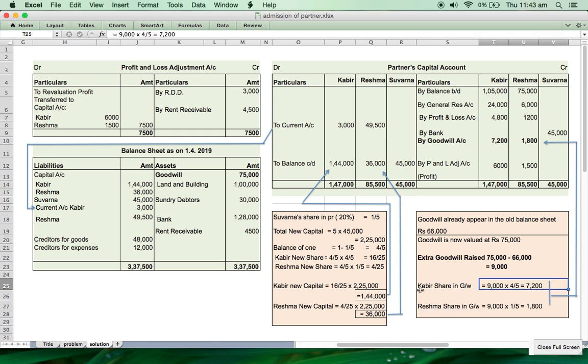So 9,000 rupees into 4/5, which is 7,200 for Kabir, and Reshma's share in goodwill will be 9,000 into 1/5, which is 1,800. So we have written these goodwill amounts over here. Partners capital account credit side by goodwill Kabir 7,200 and Reshma 1,800. Now in the new balance sheet goodwill amount will be 75,000 instead of 66,000. We have increased it to 75,000 rupees.